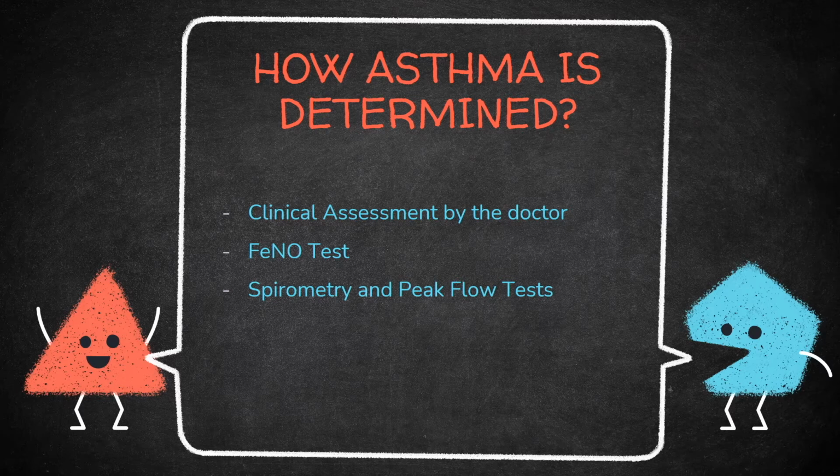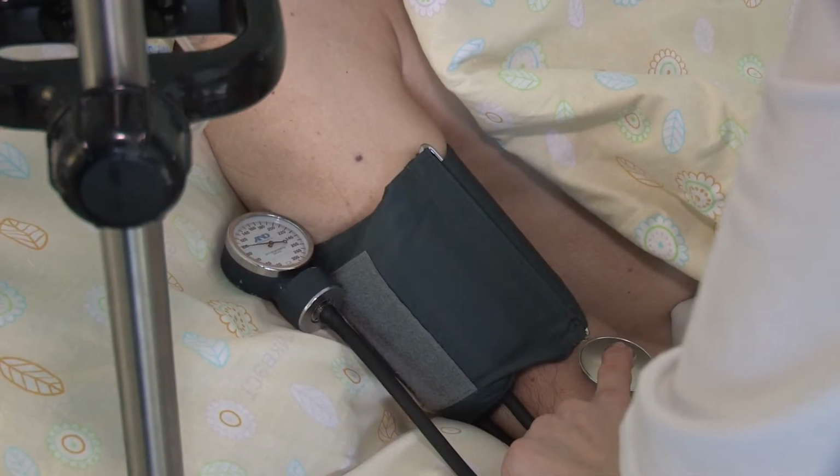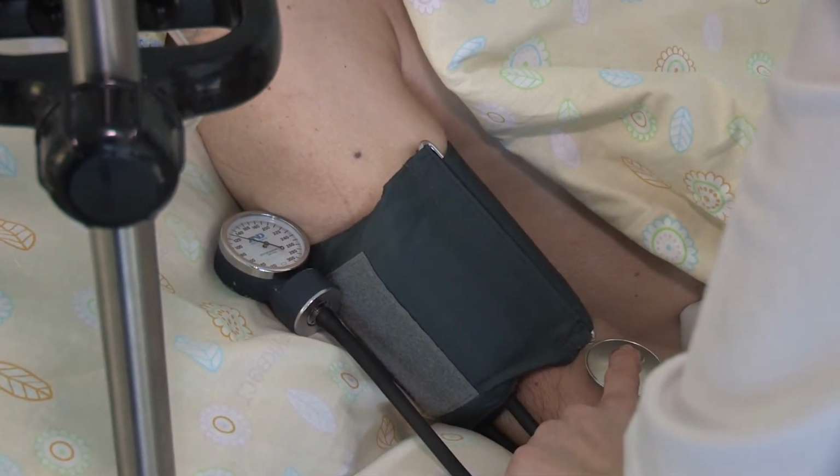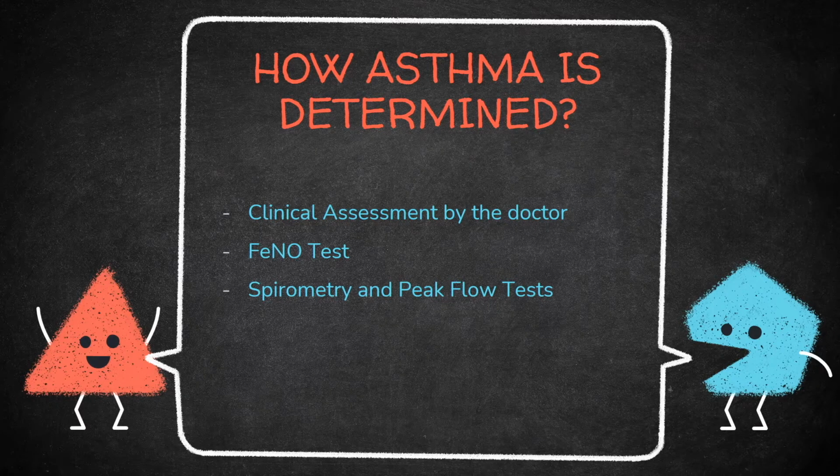How asthma is determined usually depends. Some countries will have their own specific and applicable guidelines on how physicians or doctors will diagnose asthma. In general, the doctor may determine that asthma is present based on clinical assessment of the signs and symptoms, and they may also conduct tests such as the FeNO test, or the fractional exhaled nitric oxide test.